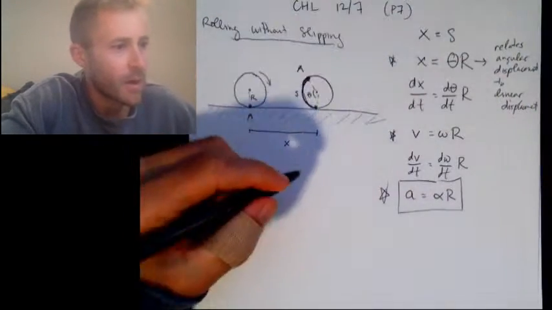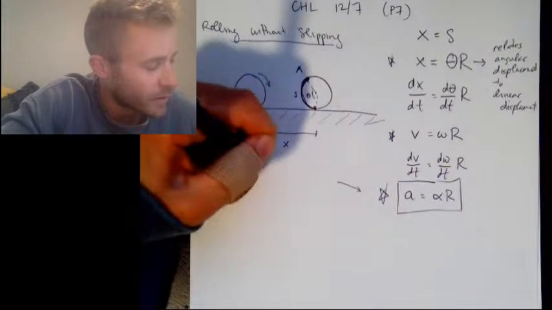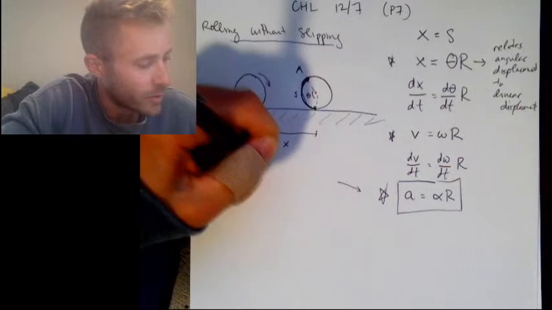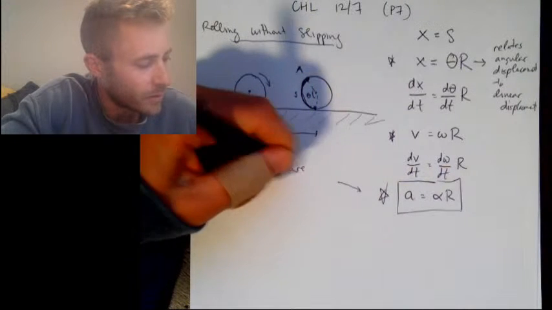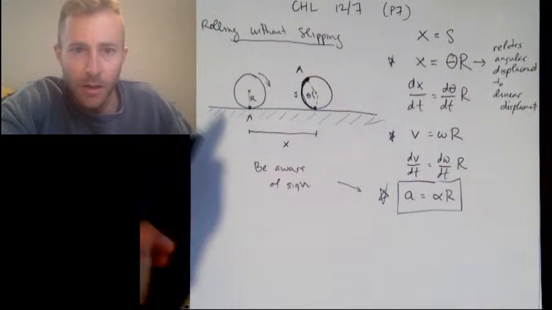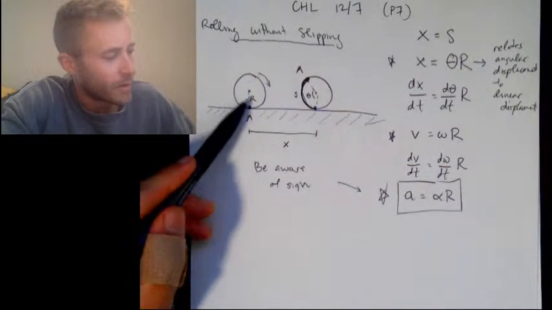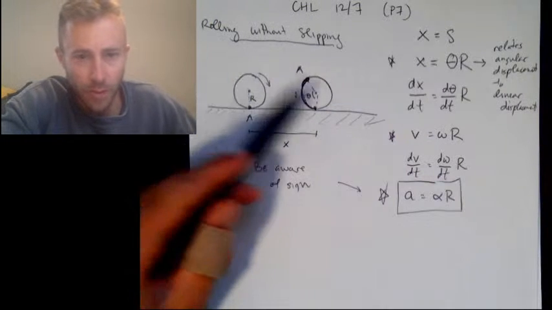One of the things we have to be careful about here is to be aware of the sign. The wheel is moving in the positive direction, rolling to the right.